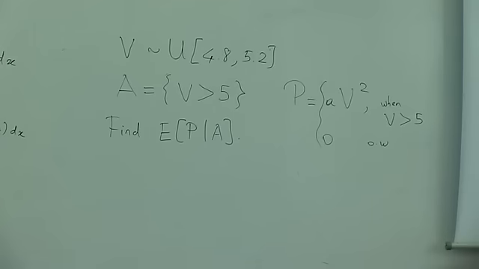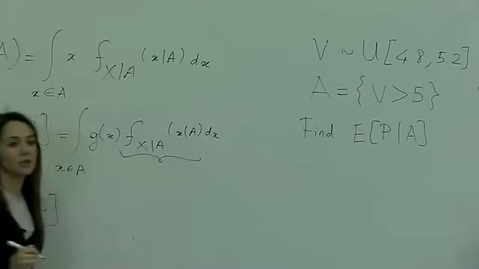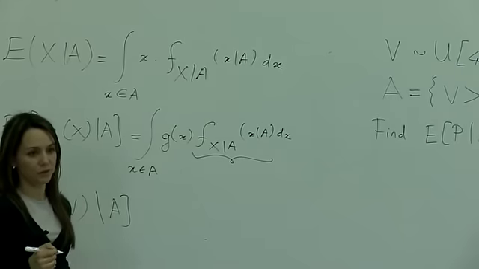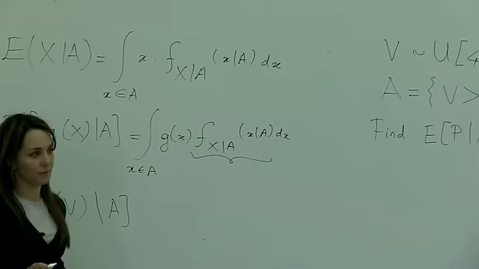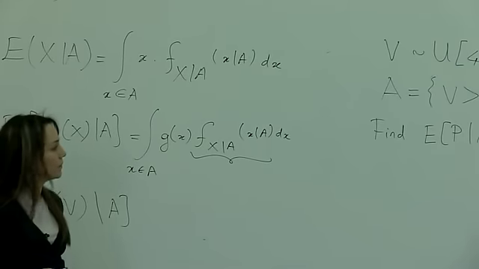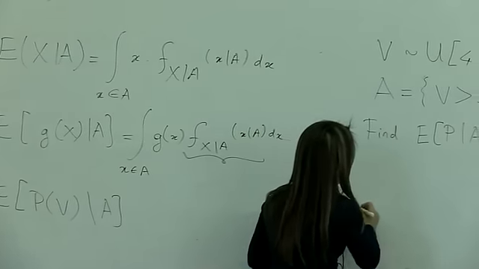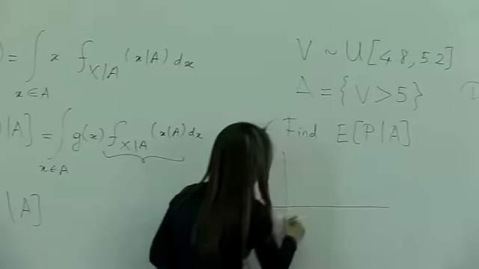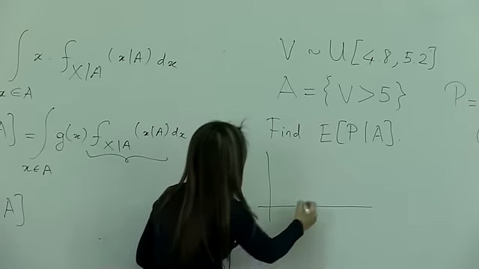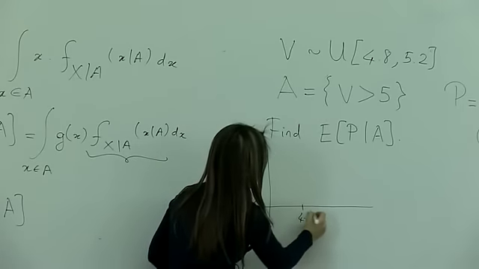If you look at this equation, we need the conditional density of the voltage V given A. So let's compute that. It may be worthwhile to just plot the unconditional density first.